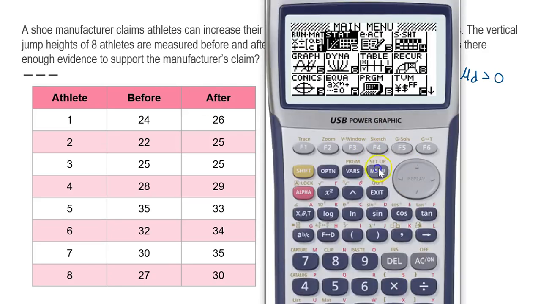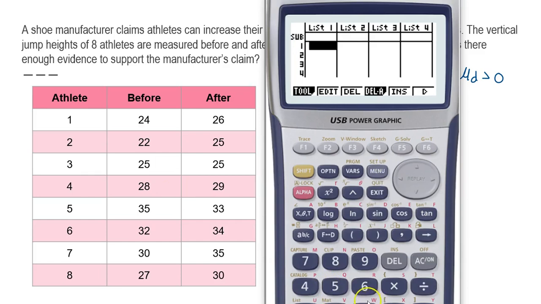I'm in use stat, just like we've been doing. In list 1, I'm going to enter the difference for each pair. 26 minus 24, that person improved their vertical by 2. Person number 2 went from 22 to 25, so they improved by 3.